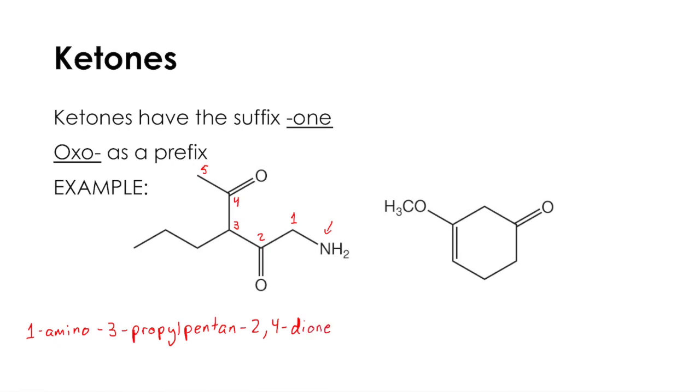Now for the next example, when we have a cyclohexane, we start the numbering on the priority group. So that will be here, and then we're going to count around like that. And so to name it, first we start with the substituent, which is this, a methoxy, on carbon 3.